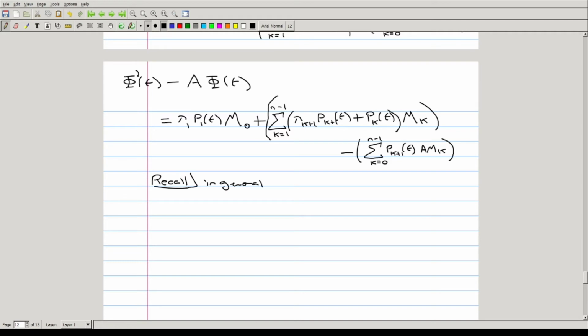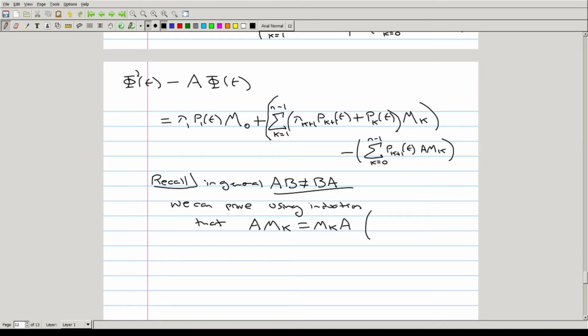In general, for two matrices A and B, A times B is not equal to B times A. However, this matrix M_k is a very special matrix, and we can prove using induction that A times M_k is equal to M_k times A. And I'll do the first few steps of this to show you.